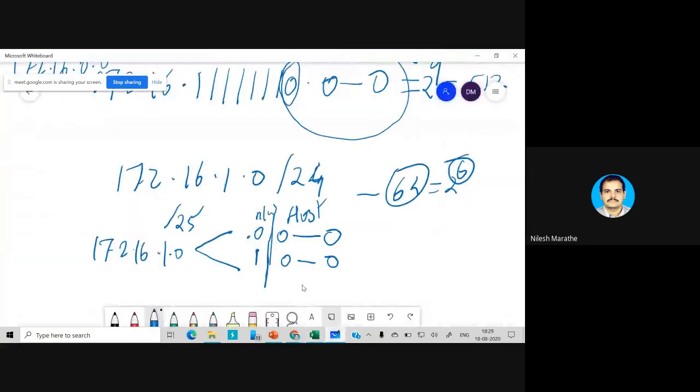The two addresses where it gets divided: the first is 0 itself, the second is 2 raised to the 7th, which is 128. So 172.16.1.0 is the starting address, and 172.16.1.128 will be the second block's starting address. Is this clear or no?